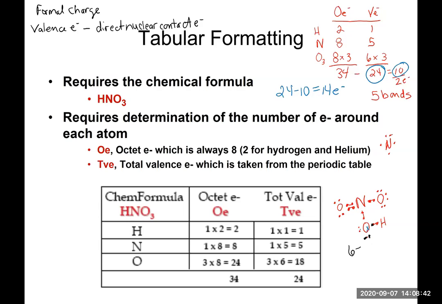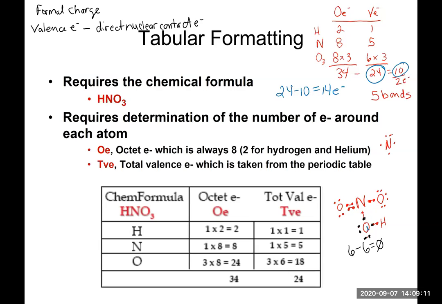And then I have these 2 and these 2 that are in direct contact with the nucleus, and this one. So just those electrons that are right next to that oxygen. In the shared electrons that are in bonds with another atom, I'm only taking the one that's closest to my atom. So that gives me 2, 4, 5, 6. And so 6 minus 6 gives me a formal charge of 0.